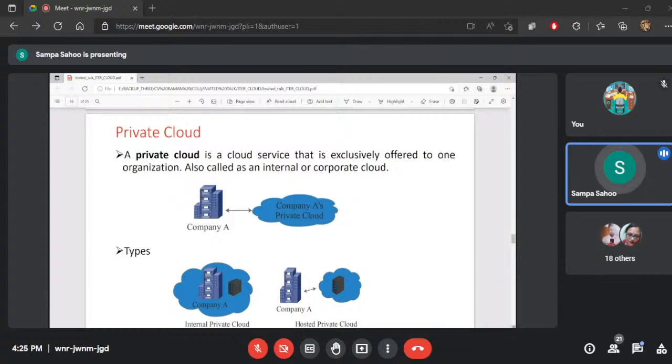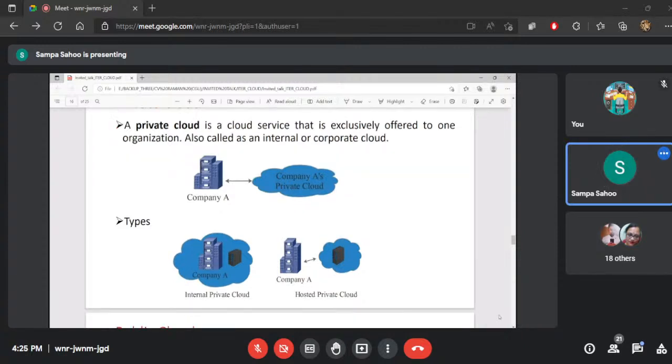There are two types of private cloud. One is your internal private cloud, another one is your hosted private cloud. Internal private cloud means if company A wants the cloud service, then within that company's premises, the cloud setup will be there.